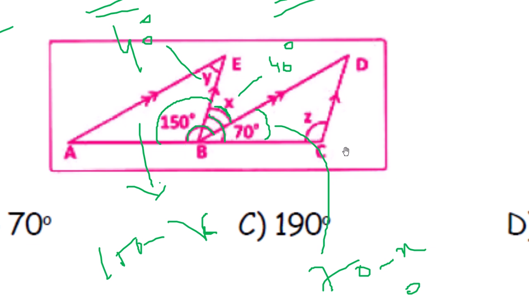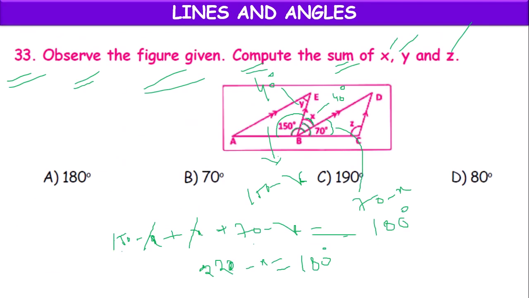So this total angle and this z angle make co-interior angle pair whose sum is equal to 110 degrees. If this is 70, z value will be 110.